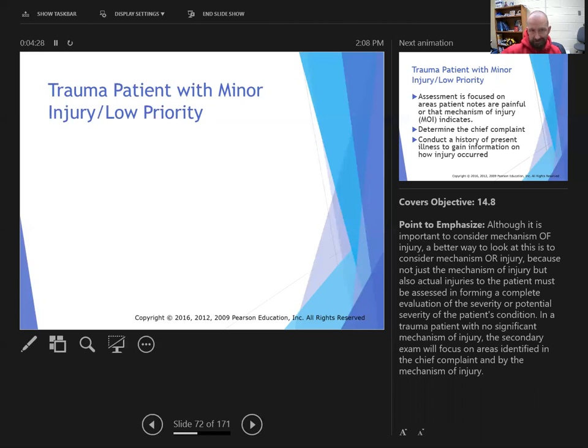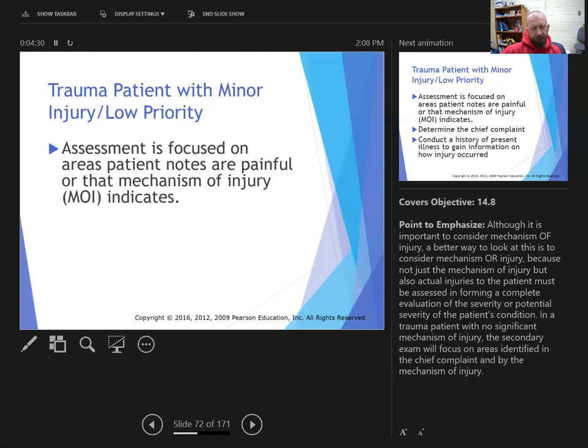For a patient like that, our assessment is going to be based on their chief complaint, about where they're hurt and which area is more painful, or the mechanism of injury, right? Whatever area they say hurts, or wherever the mechanism of injury would indicate that there is an injury at that spot. So we're going to focus on what they tell us is wrong with them.